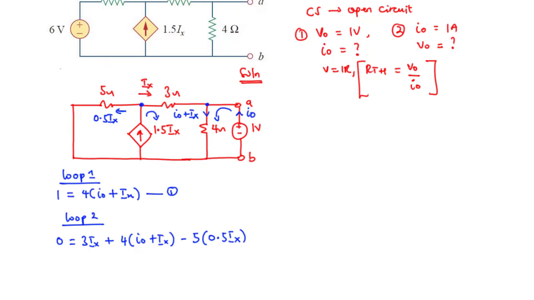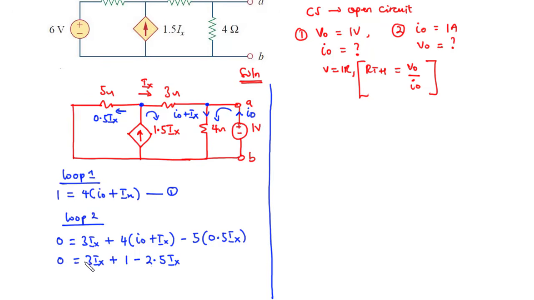Now let's try to simplify this. So we have 0 equals 3Ix plus, now from equation 1, 4 into bracket I0 plus Ix is equal to 1. And that is exactly what you have here. So in place of this, we are going to have 1, and then minus 5 times 0.5, which is 2.5, so negative 2.5 Ix.